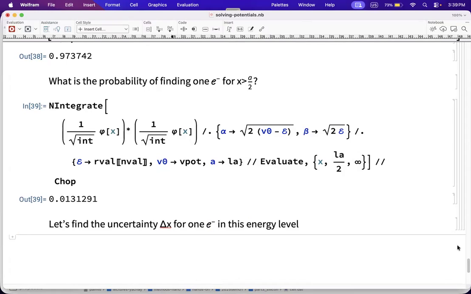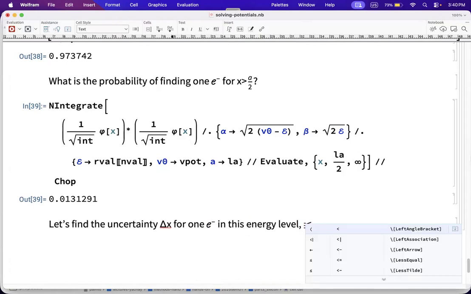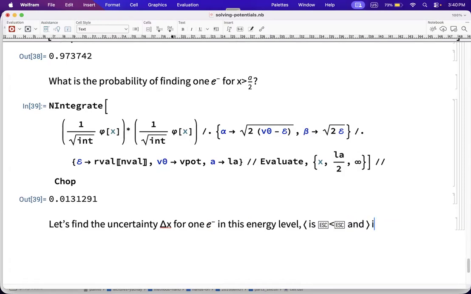Okay, so let's compute, please. What is the expected value of x? How to do this? So let's compute very quickly. Please remember this is escape, minus escape, and this is, we're going to make escape, minus escape.